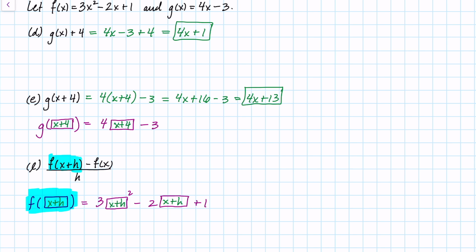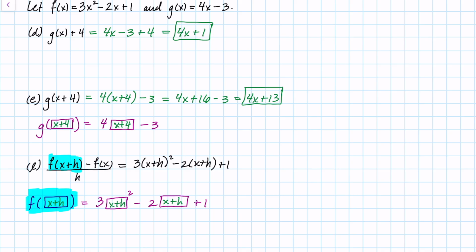Okay, and then for the yellow part, we simply plug in f of x. Okay, so that is what happens when you plug in x to your function f, which is precisely defined here on top. Okay, so let's do that. So the blue part becomes 3 times x plus h squared minus 2 times x plus h plus 1.